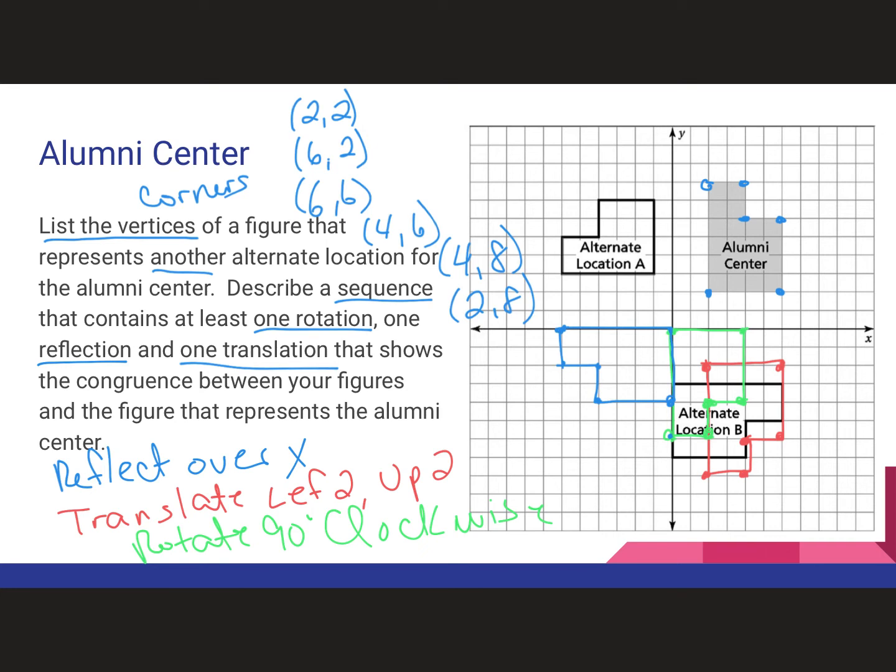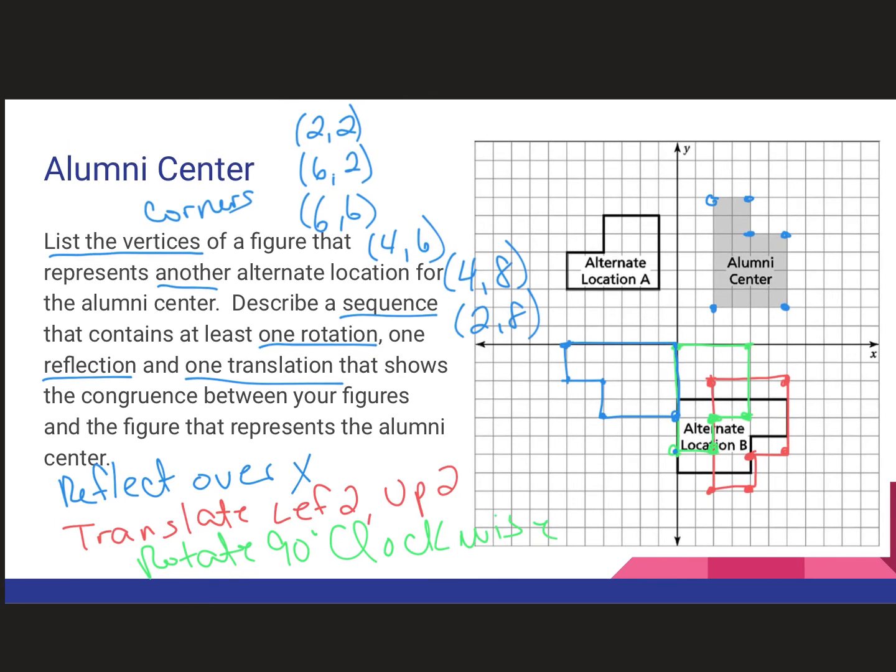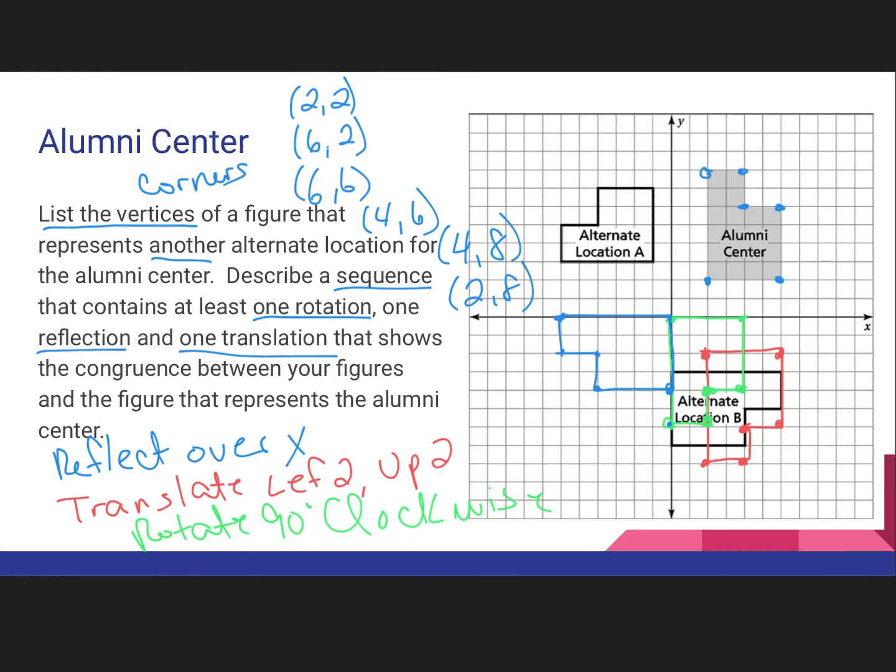So my new vertices are 0, 0, negative 6, 0, negative 6, negative 2, negative 4, negative 2, and 0, negative 4.